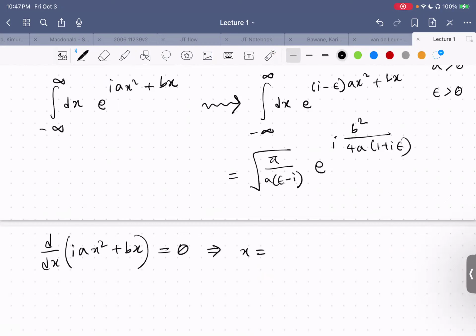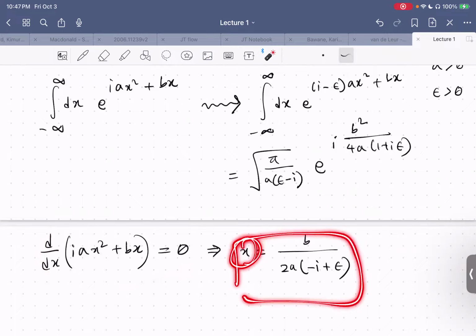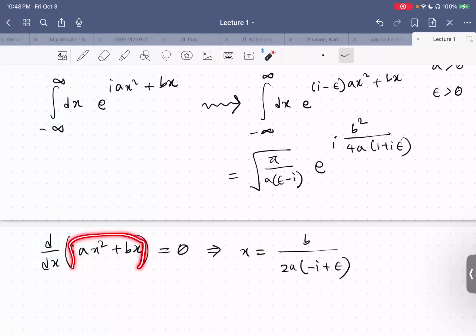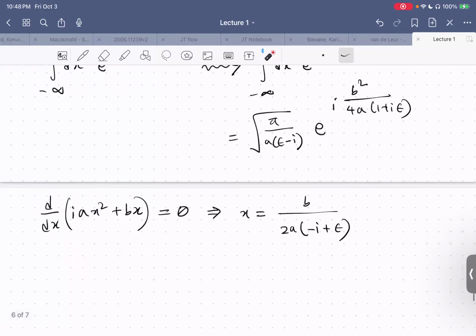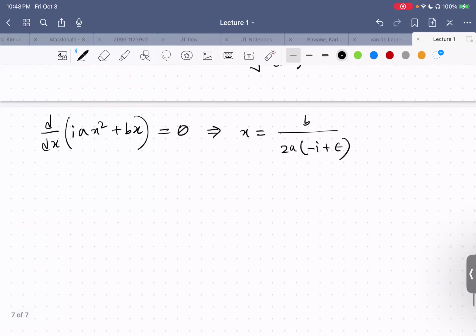What you get is some linear equation. So there's a unique solution for x. This is the value of x for which this is extremized. Now substitute this value of x into this exponent. So start with what you had, e to the power i(ax squared plus bx), and just make this replacement that x goes to this critical value.